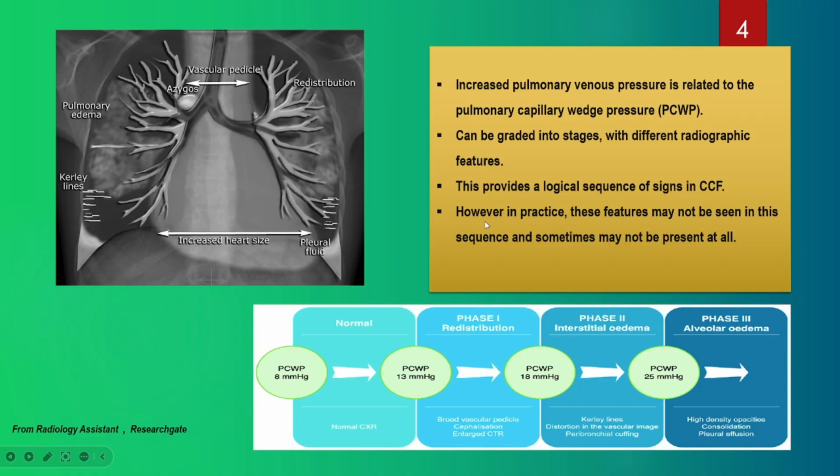But these features may not be present in all patients, and they will not occur in this sequence. Some features may be absent, and sometimes most of these features may be absent on a chest X-ray. But because of that, we cannot exclude heart failure on chest X-ray findings.